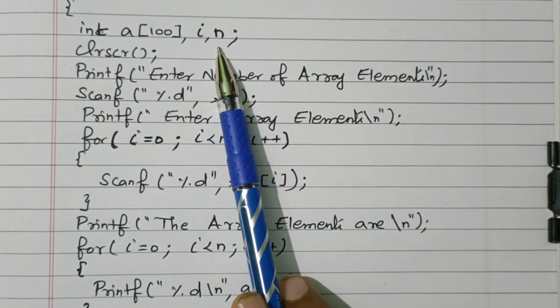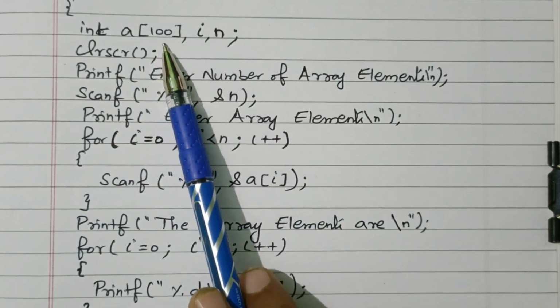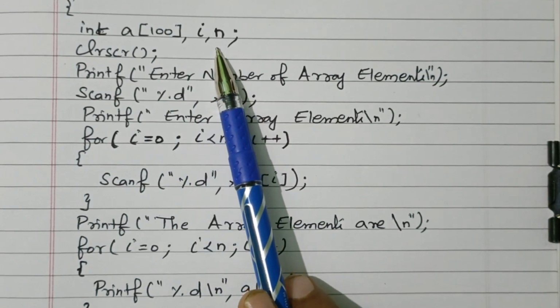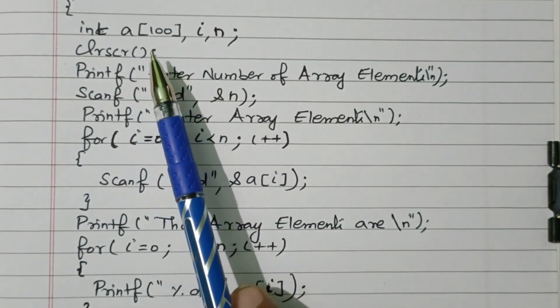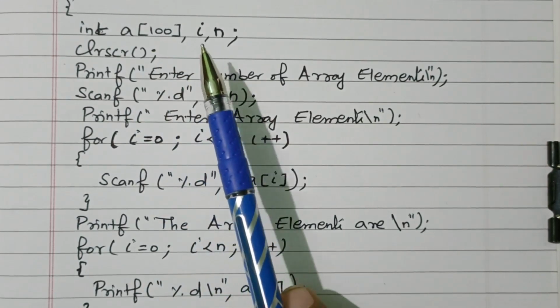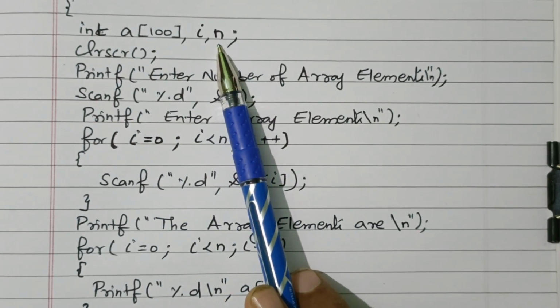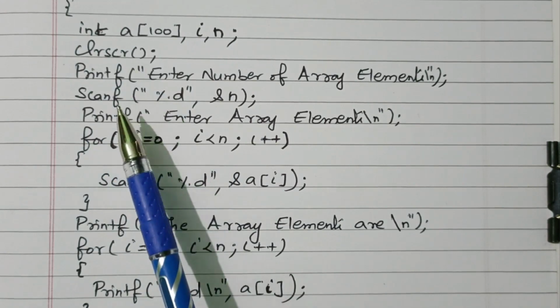The user can enter 10 or 20 or 5 based on the choice. So this n should be less than 100. Up to 100 we can use. So with variable name A, we can store 100 elements. For the for loop we are using i, and n is the number of elements we need. Then clear screen, so the previous outputs are cleared.